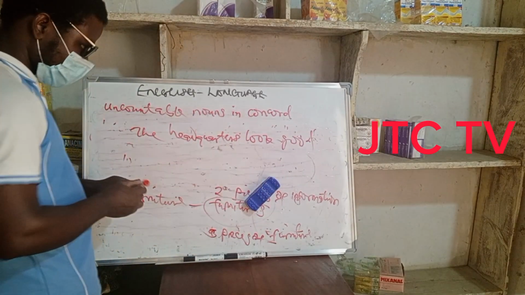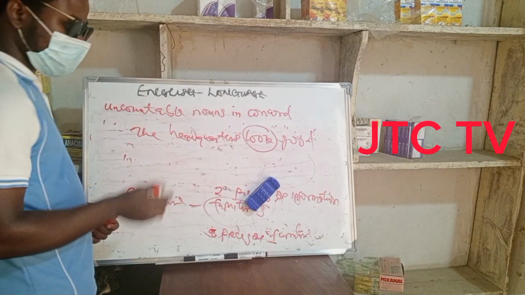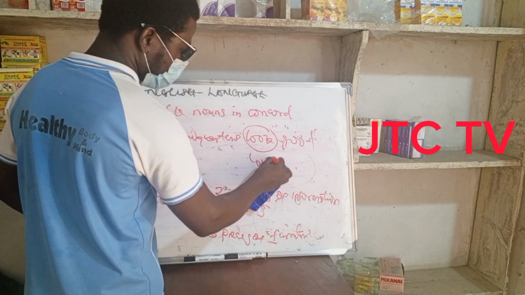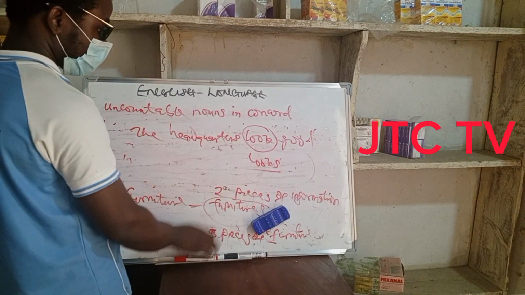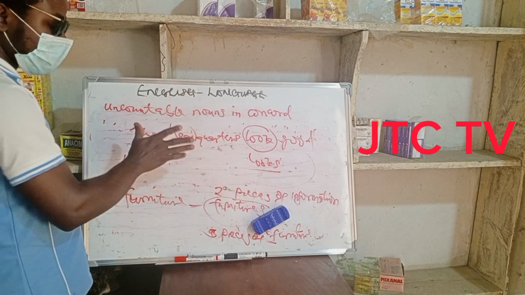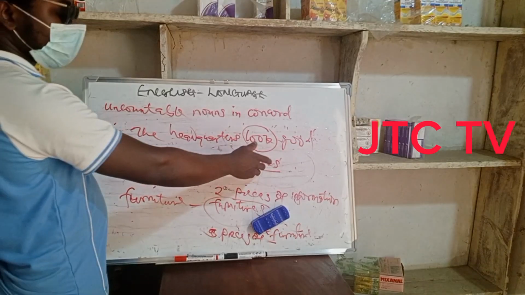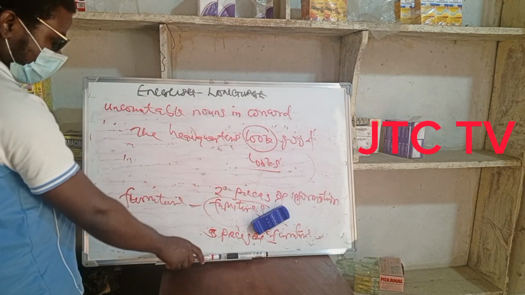This is a plural verb, look. It is wrong for you to say the headquarters looks good. Don't add X. An uncountable noun takes a plural verb and not a singular verb.